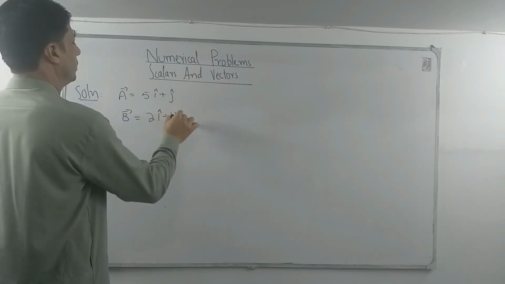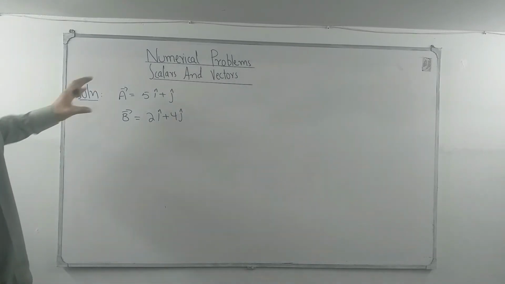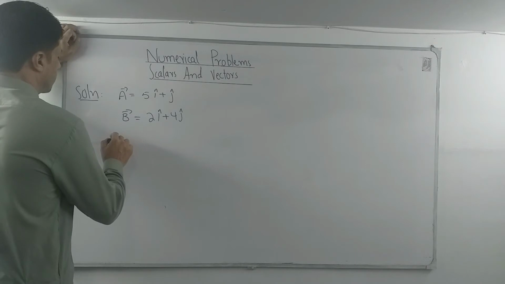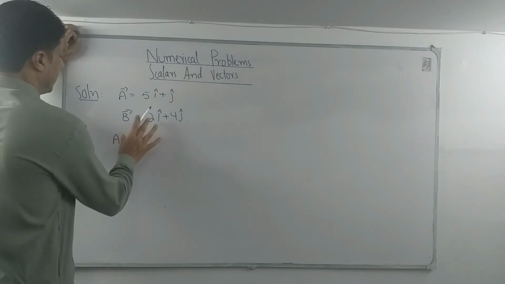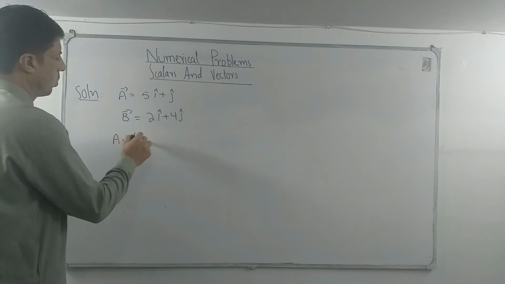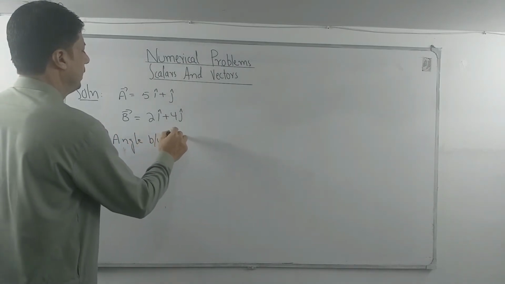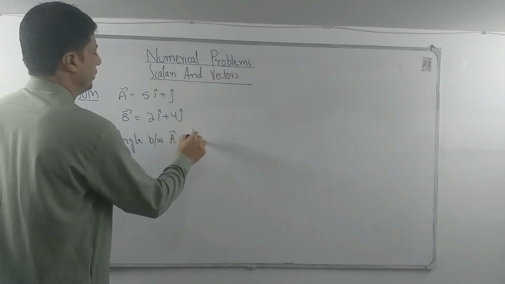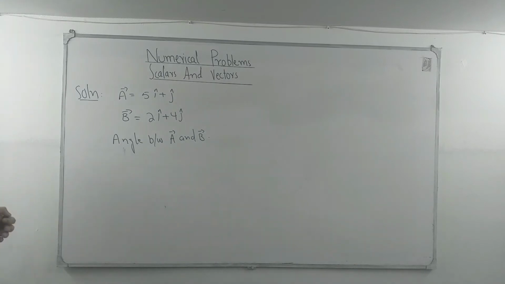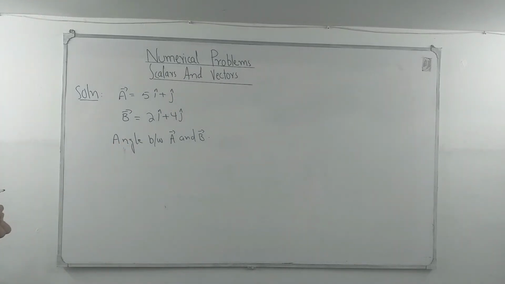What we need to do to find out the angle between these two vectors? Between A and B, we have to find out this one. How to find out the angle between A and B?